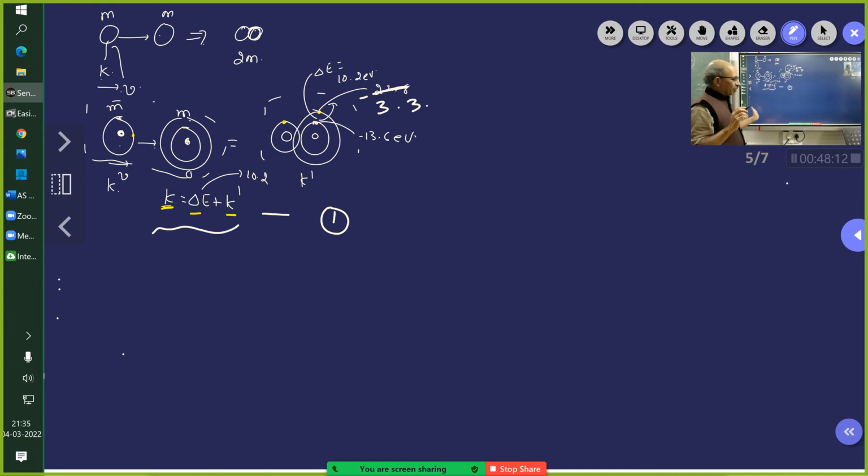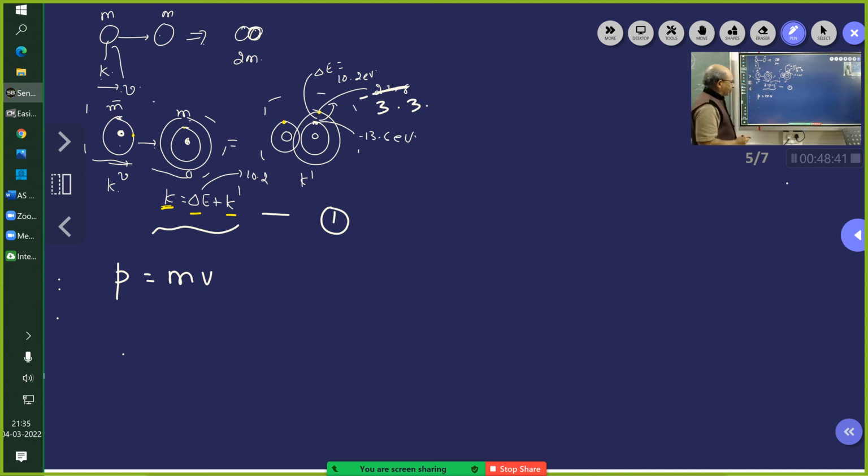So the momentum of the system before is equal to the momentum of the system afterwards. Okay? So using momentum, can you form the next equation? Now it will be handy to connect momentum with kinetic energy. Momentum is mv.